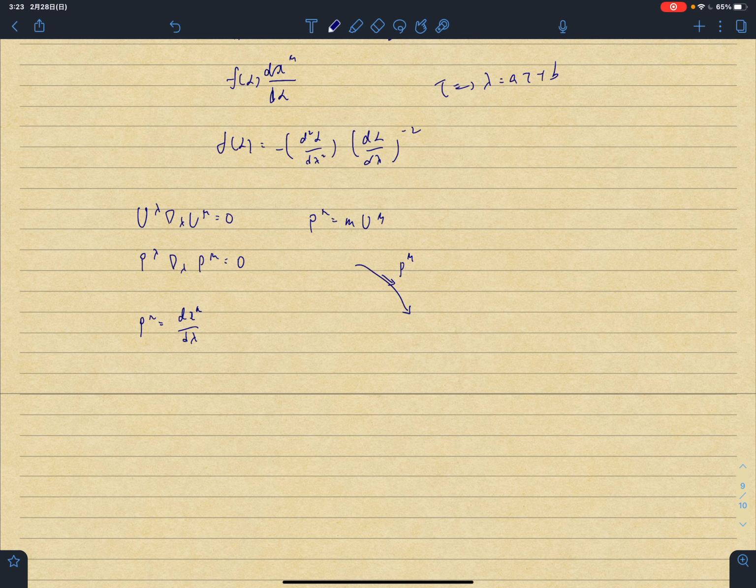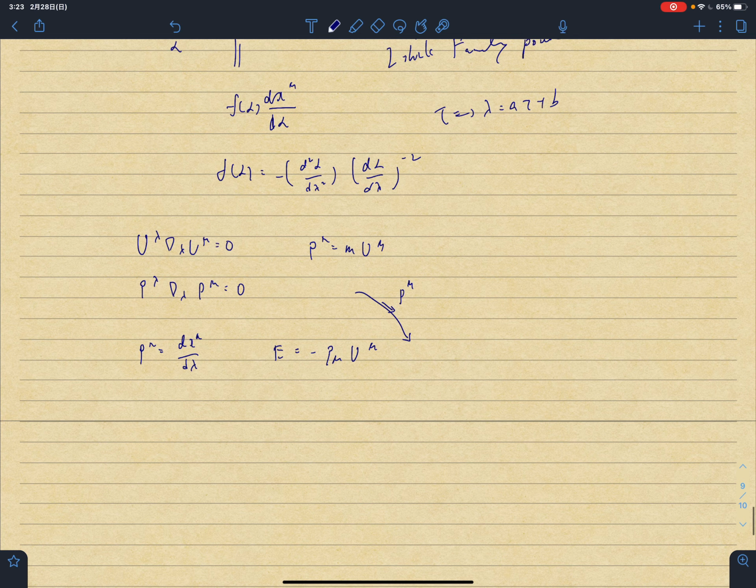This is equal to time-like paths. The dx mu over d lambda is a momentum per unit mass. Then an observer will measure the energy of the particle to be equal to the frequency, since we are setting its mass equal to 1, to be p mu u mu, p mu u mu dx mu dx lambda, dx mu dx tau.